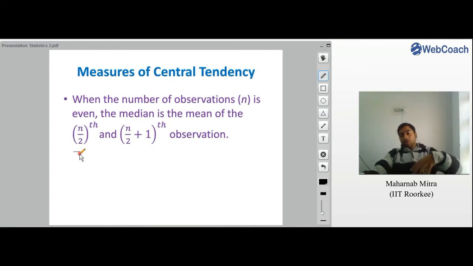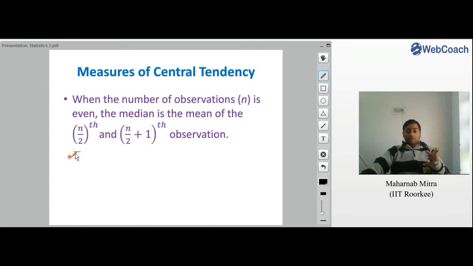You just divide the number of observations by 2 to get the first observation, and then you add 1 to the earlier result to get the next observation. And what you get from these, n by 2 and n by 2 plus 1, is the placing of the terms, or where the terms are, right? Either it is the 8th term or the 9th term.